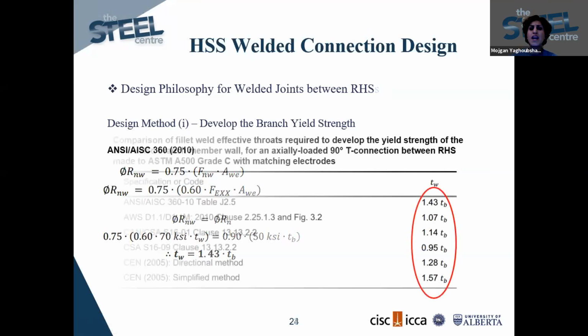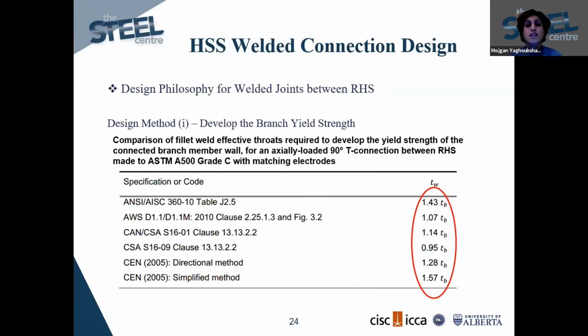In an experimental report done by McFadden and Professor Jeffrey Packer at the University of Toronto, they ran the numbers based on this design philosophy for different design codes, and these are the weld thicknesses that they needed if we wanted to design such a connection based on this design method.